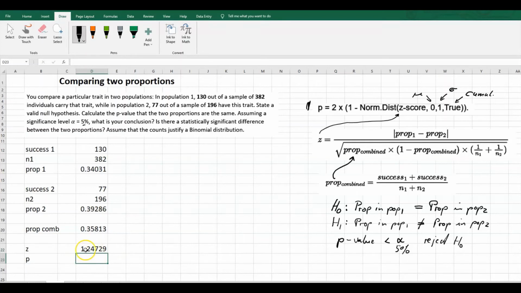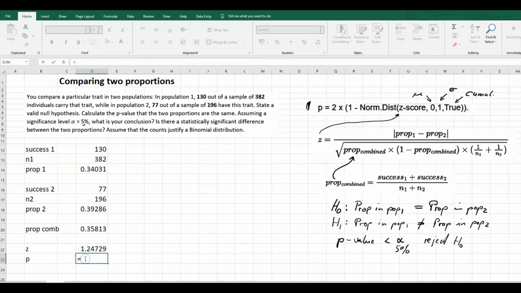So we get a z-score of 1.24, and we now need to look at this z-score and compare it with a normal distribution, and we can use this equation here to calculate the p-value.